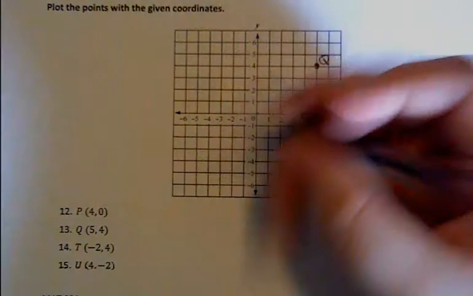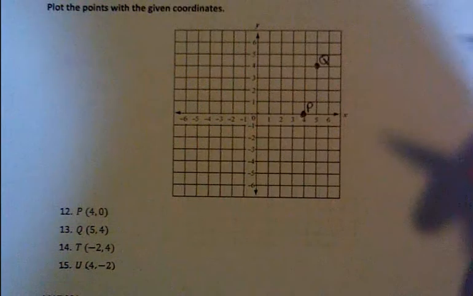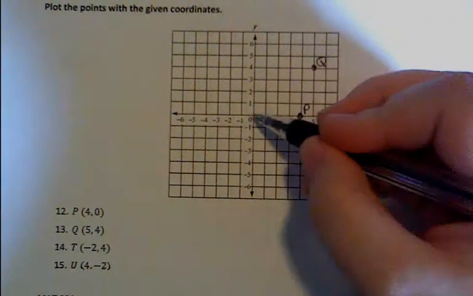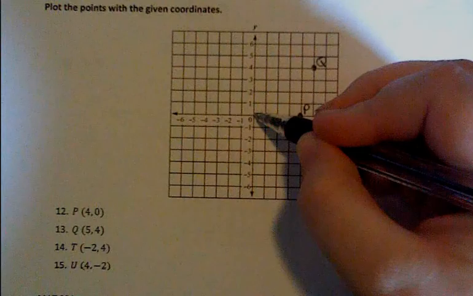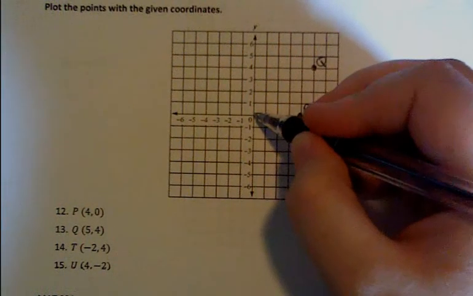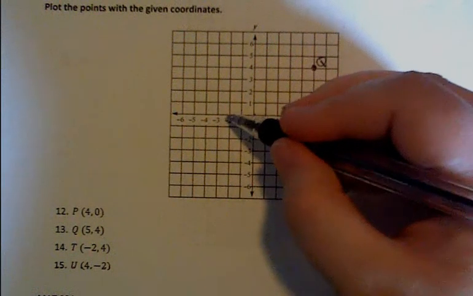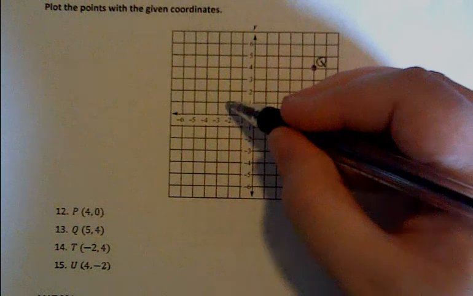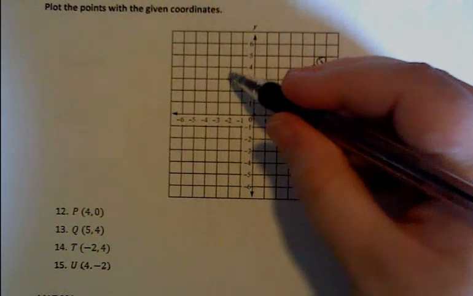Now, for number 14, I have T, which is -2, 4. So I start at my origin, and I go 2 to the left because it's a -2. 1, 2, and then a positive 4, so that means I would go up 4. 1, 2, 3, 4.